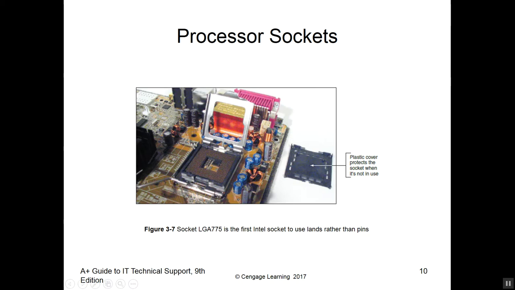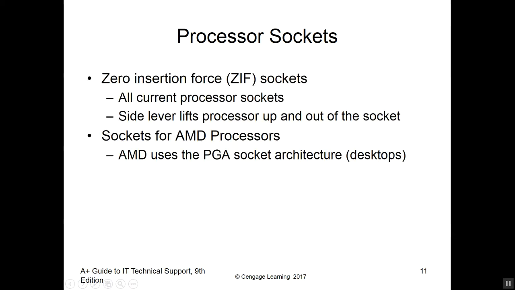So here's a plastic cover that would protect the socket when it's not in use. And we want to make sure nothing happens to these small little holes. So here's the retainer that will hold the processor in place when it is mounted. But if there is no processor, we have this little plastic cover to protect the grid.